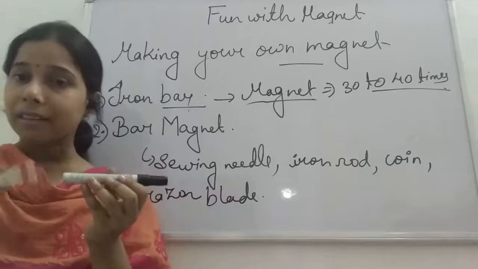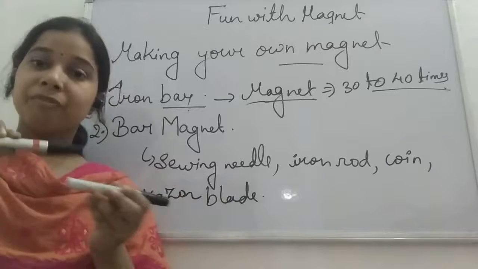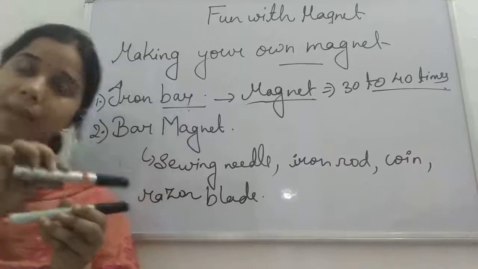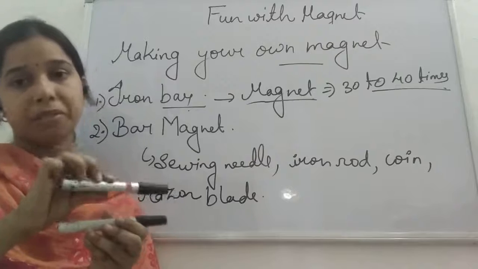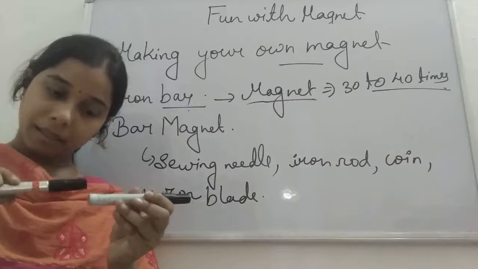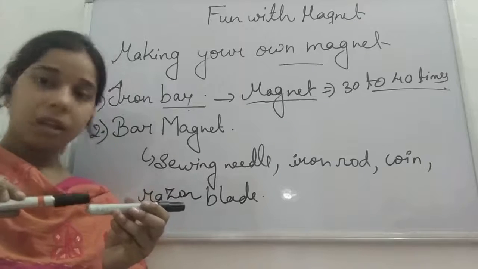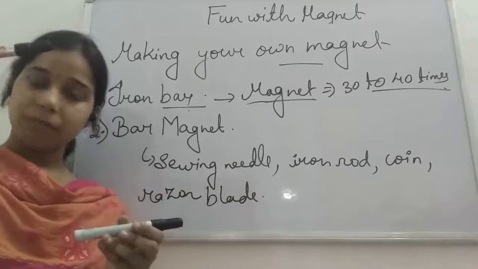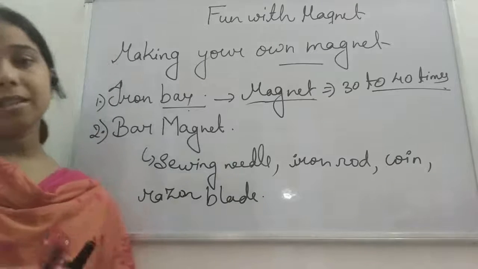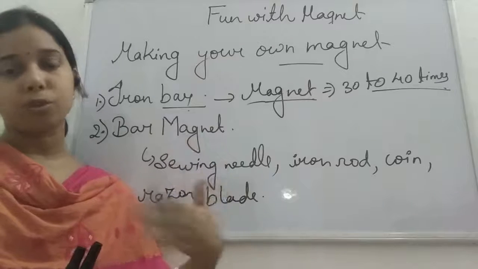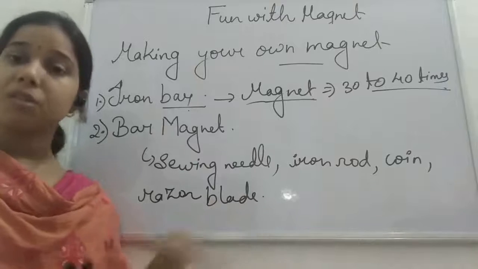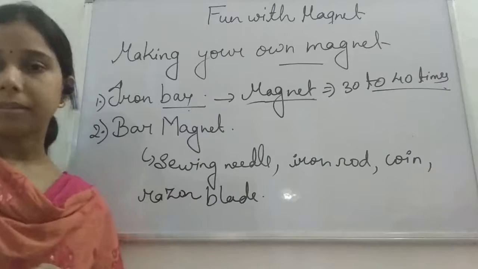At the other end of the material we will lift up the magnet, and then again we will start from the same end where the lower end of the bar magnet started. We do the same process again and again, 30 to 40 times, and then you will observe that this material starts behaving like a magnet.